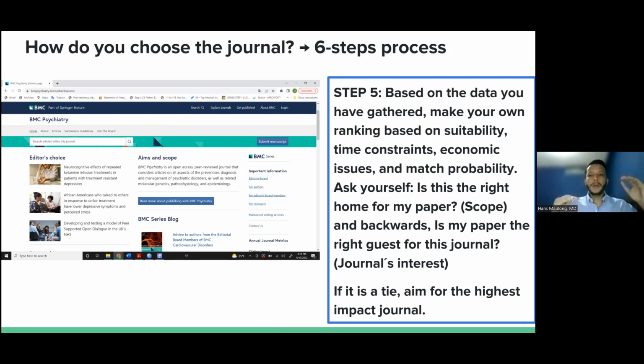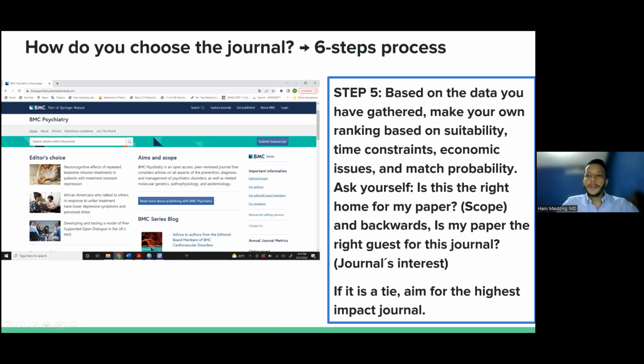And if, when you're doing your own personalized ranking, you find two different journals that are basically a tie, you will want to aim for the one that is higher in the ranking list, because you want to ensure more visibility. And remember, more visibility translates to more citations, which is basically the currency of academia, as you may know.